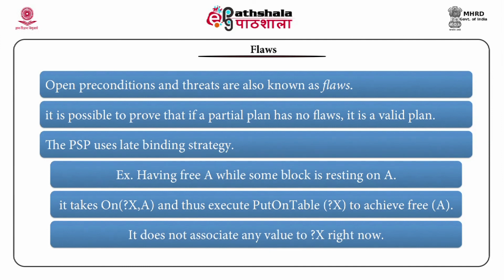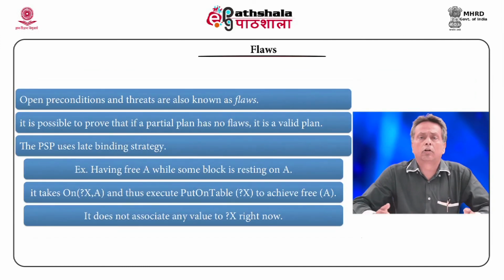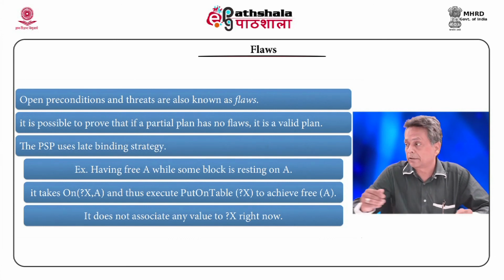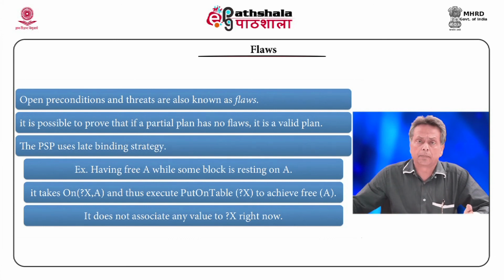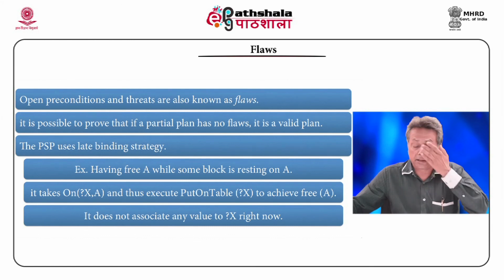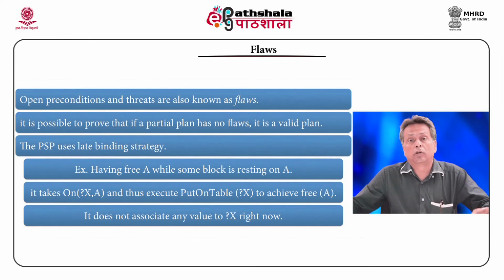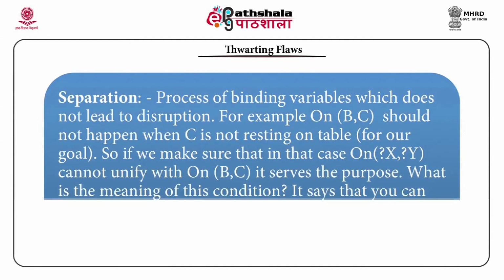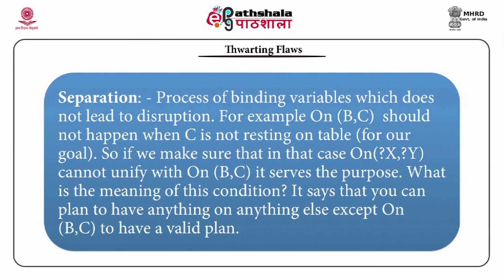It is possible that if the partial plan contains no flaws, the plan is not only correct but optimal as well. In plan space planning, you can guarantee that the plan is correct. For that, it uses a late binding strategy. It allocates the value to a variable in as late a manner as possible. That is one thing it does. It also does something called separation.